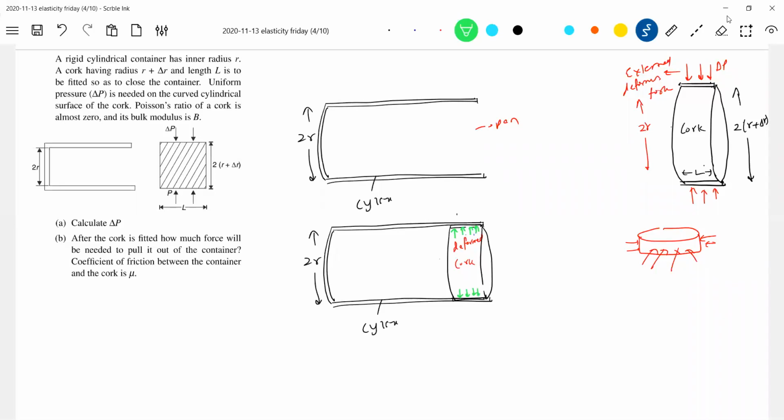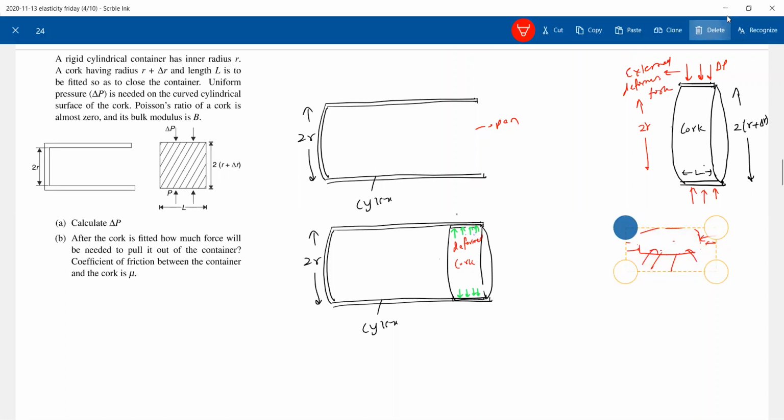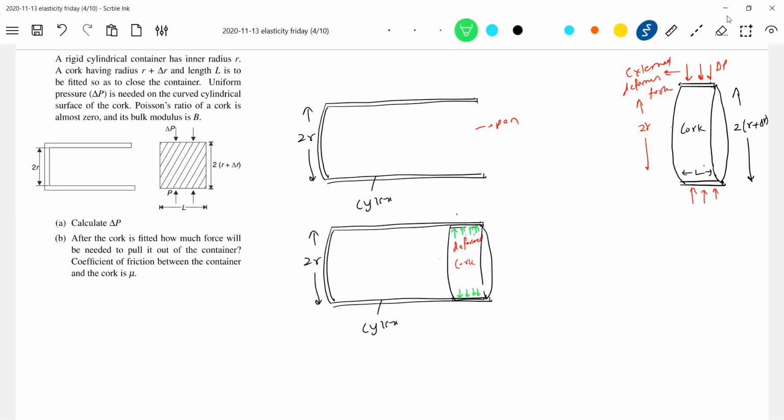How will it act? Everywhere radially outward. So these are deforming forces, and how the elastic forces? Everywhere radially outward. So if I show the cork, one more diagram. These problems students find very difficult because some 3D dimensions are involved here.